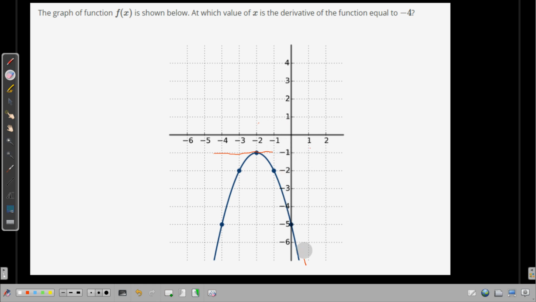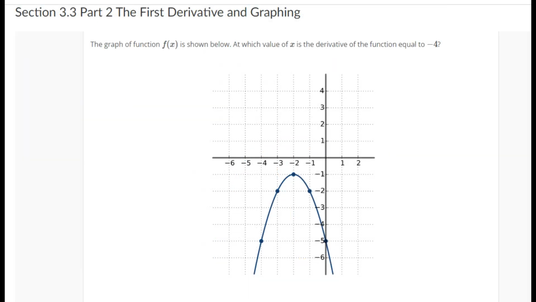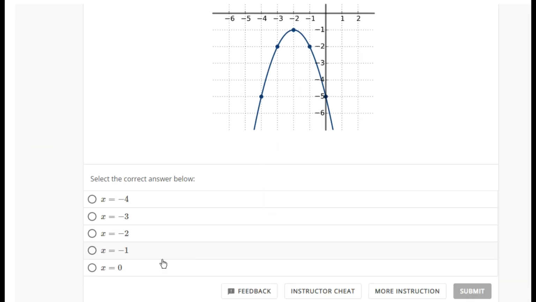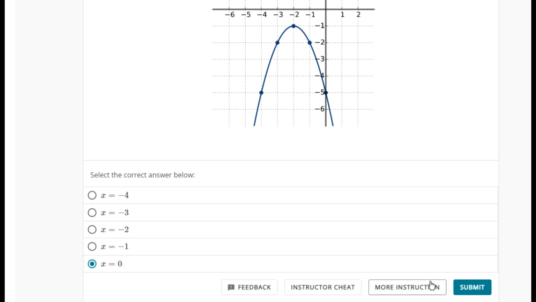I'm going to draw a better line here. There, now it's perfect. So over 1 and down 4, the slope of that line is minus 4, and so the answer would be 0, when x is 0.